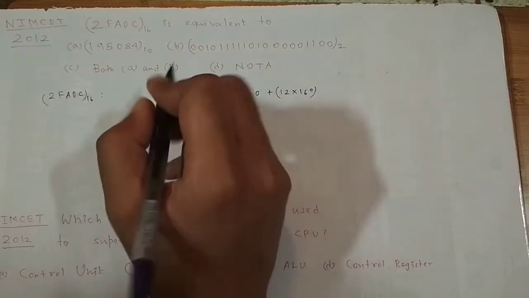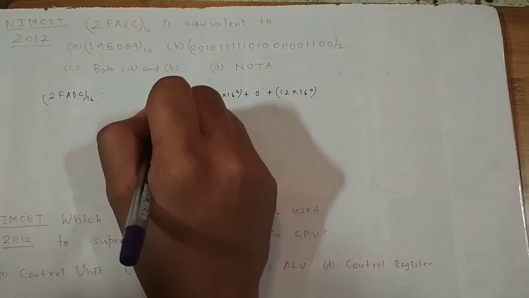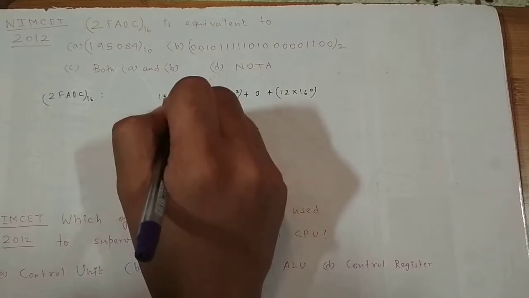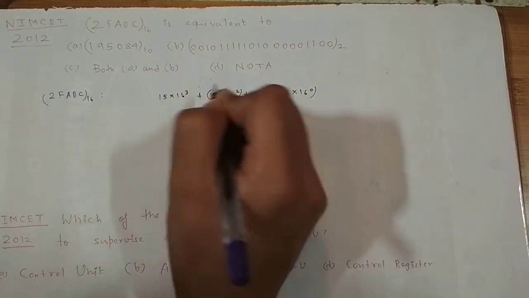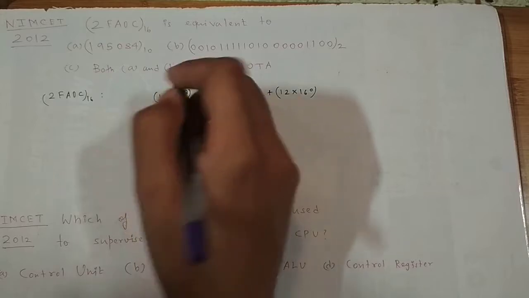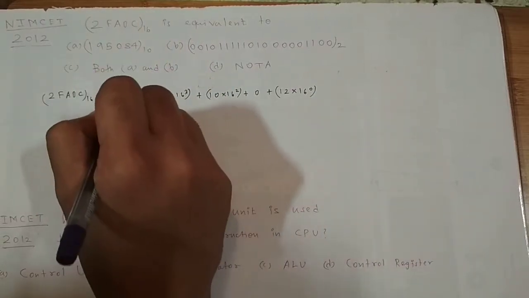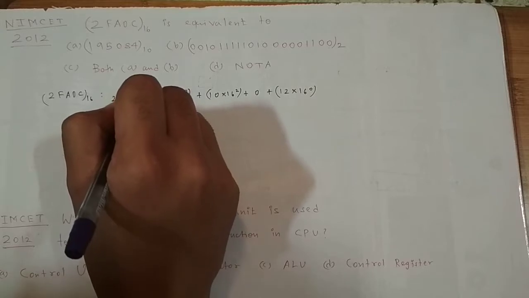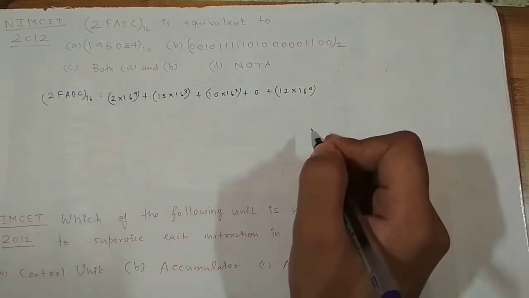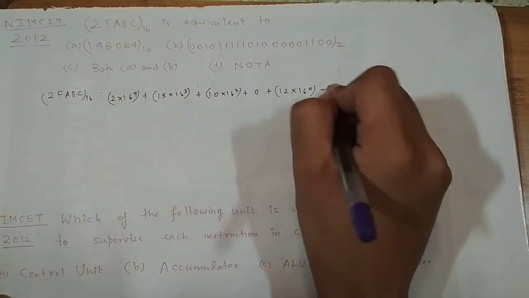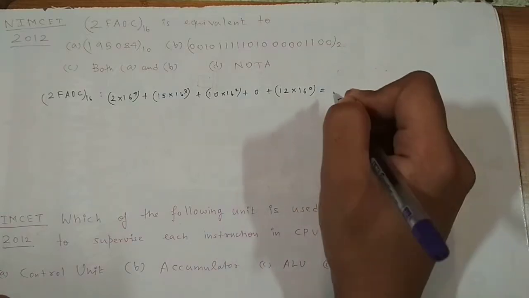Plus we have F. F is given by a value of 15, 15 into 16 to the power of 3. Plus finally we have 2 into 16 to the power of 4. Right? So if we calculate this, how much will we get?